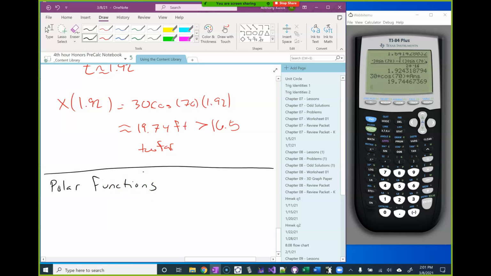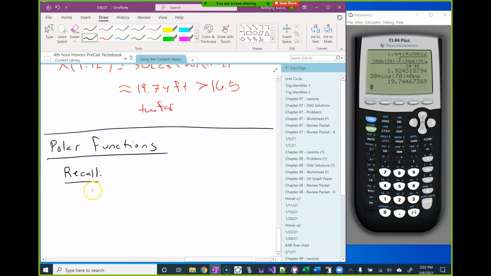So today, we're going to be talking about polar functions. Our tools that we're going to be using when doing these problems with polar functions are kind of these three tools.